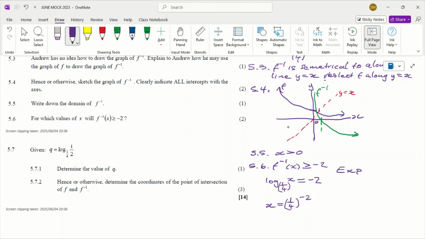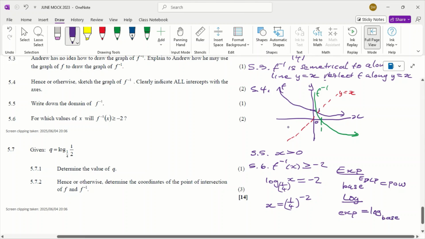Then in log form, we have the exponent is equal to the log of the base, and then we have the power over here. So now we are interchanging this notation. The first notation here is log notation, and here we have exponential notation.